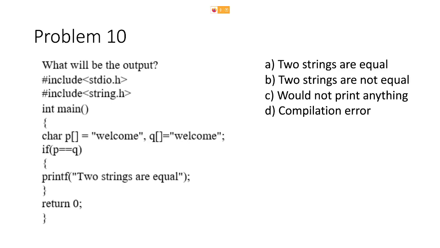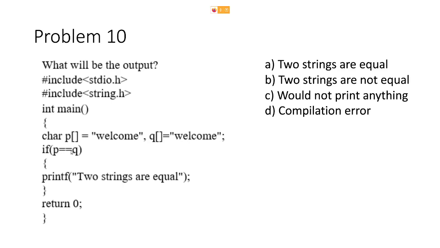Okay, so the answer to this is option number C. It would not print anything, because in C you cannot use the equal operator to compare two arrays or two strings.